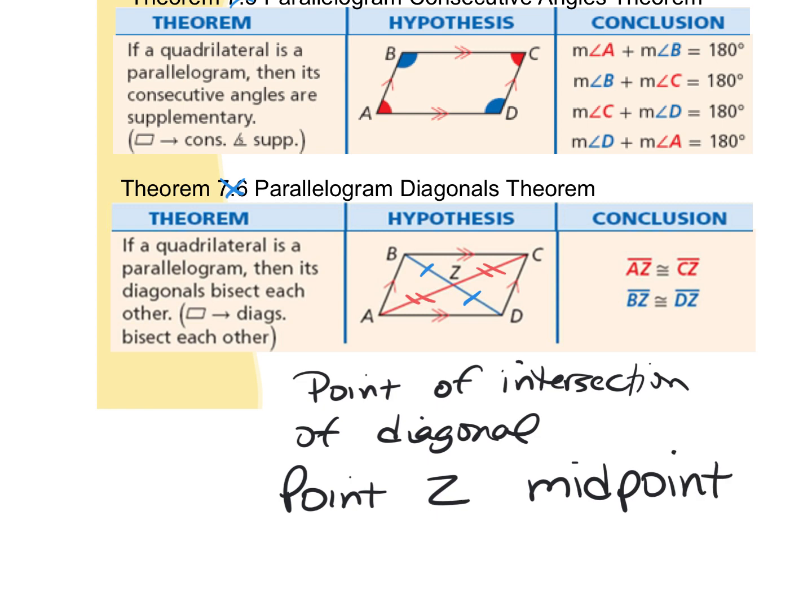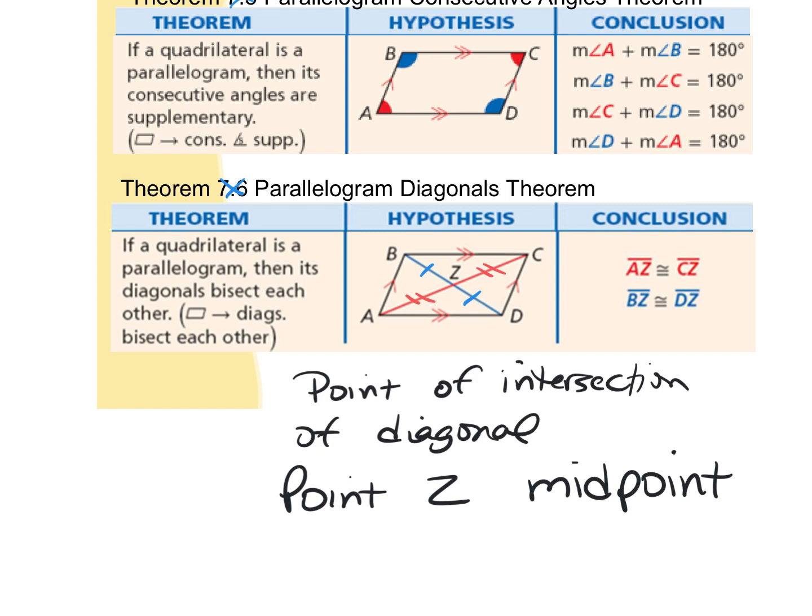So when it asks you to find the point of intersection, all you need to do is calculate the midpoint of one of the diagonals. It doesn't matter which. And you're going to be given ordered pairs. This would be something that would be graphed in a coordinate plane.